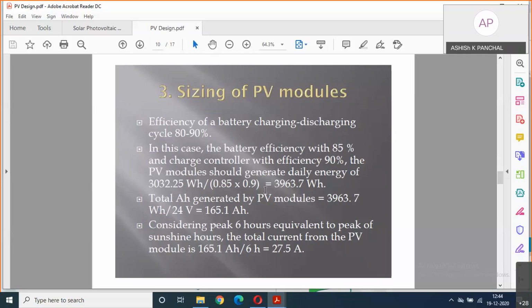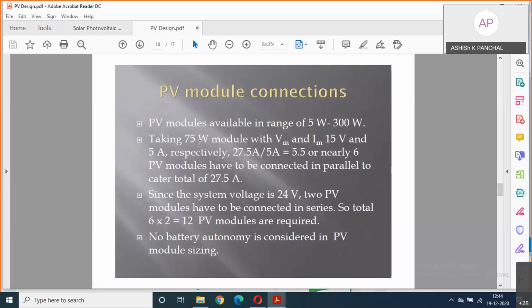Now consider, take the model of 75 watt, and the voltage is 50 volt and current here, so 5, each module.